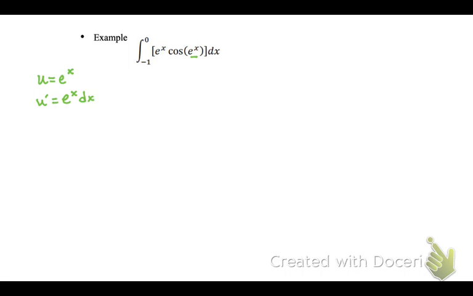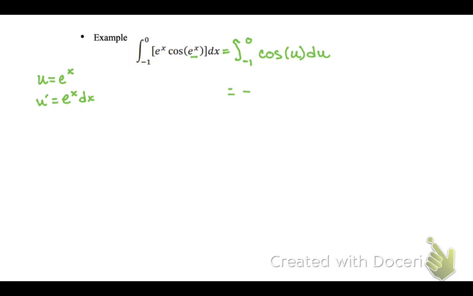Okay, so now I have the integral, and I am going to write this one because it is a trig one, from negative 1 to 0 of cosine of u du. So what's the integral of cosine?